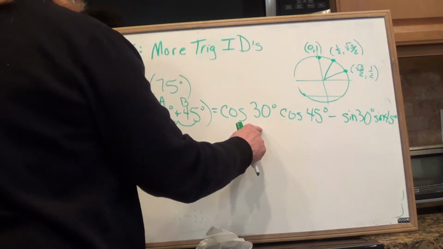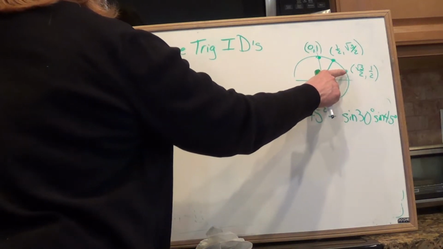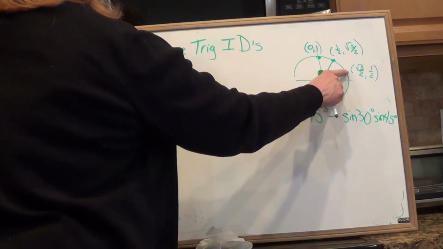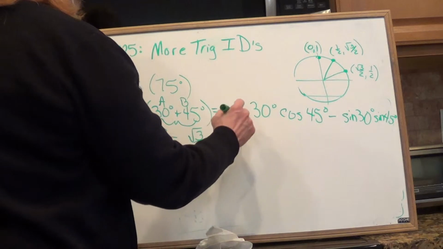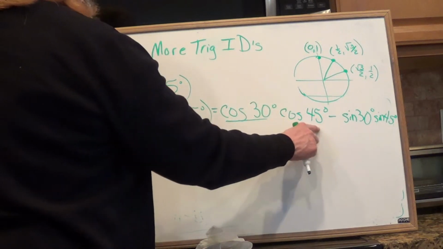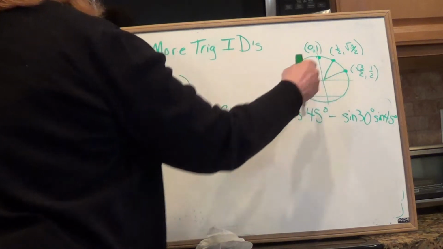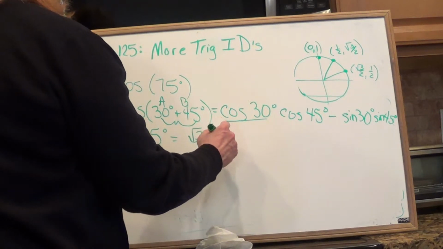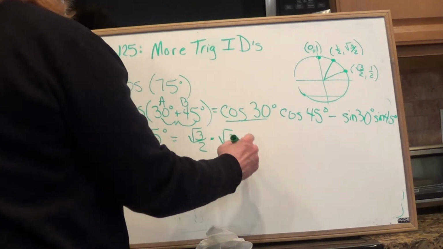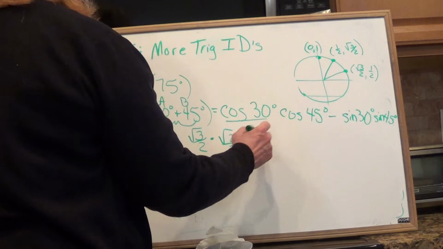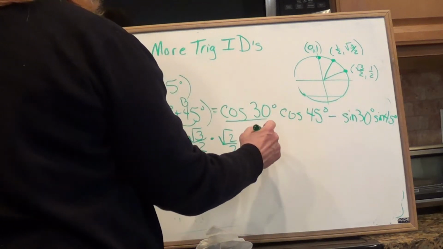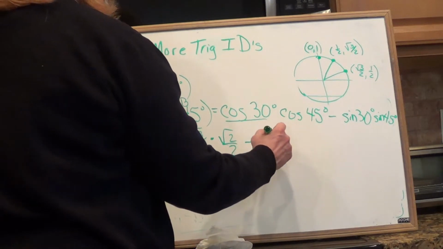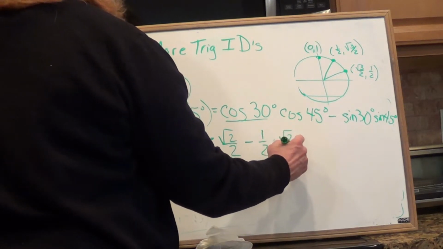What's cosine of 30? Well, this is my 30 degrees. So square root of 3 over 2 is this. Now I'm up to cosine of 45. It's not written on there, but you'll see it's square root of 2 over 2. If you check your unit circle or your chart, sine of 30 is 1/2, and sine of 45 is root 2 over 2.